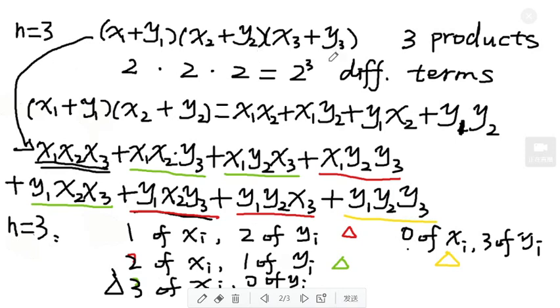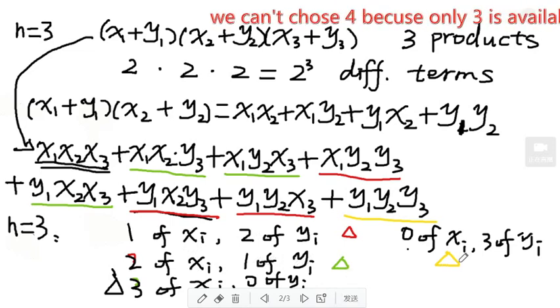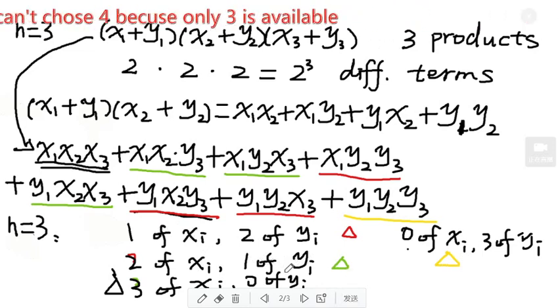Make sense? And in another way, as the number of xi you choose changes, the number of y is changing. But what is the rule? If you choose 1 of xi, you choose 2 of y. If you have 2 of xi, you choose 1. So which means, yes, you're right, we can't choose 4.